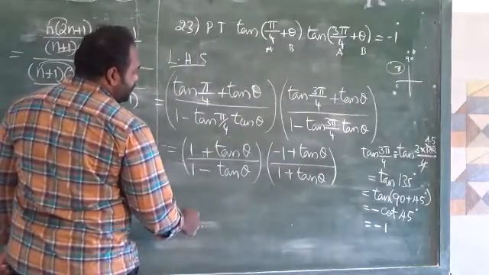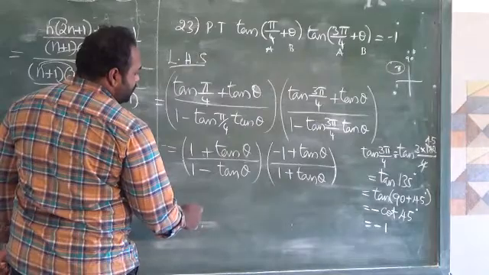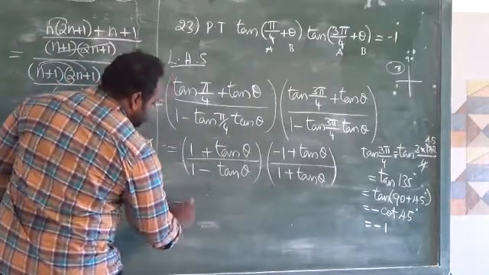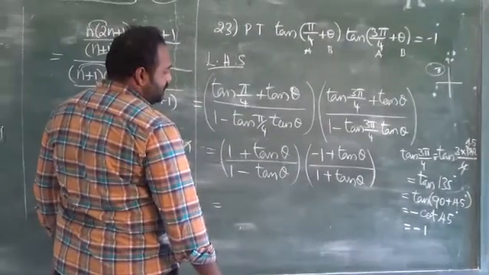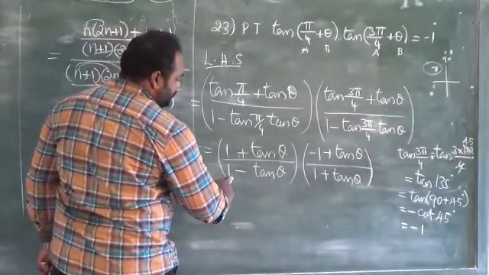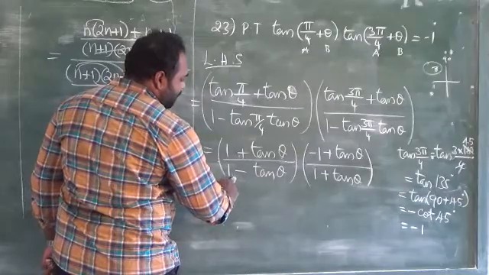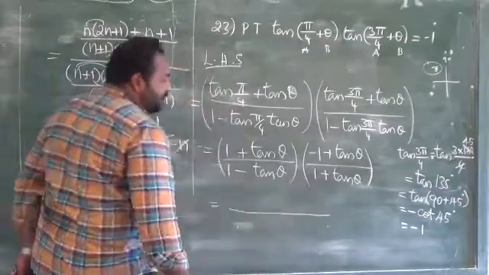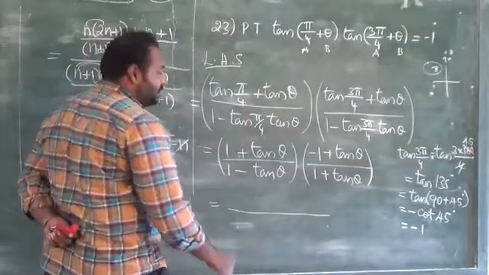Here multiply the denominators. If you multiply the denominator, it is in the format a minus b into a plus b. So a square minus b square we can write.